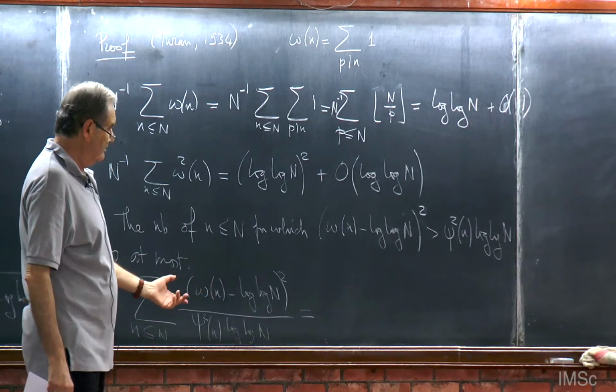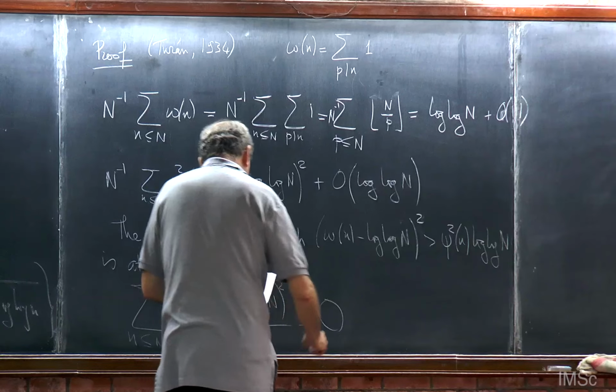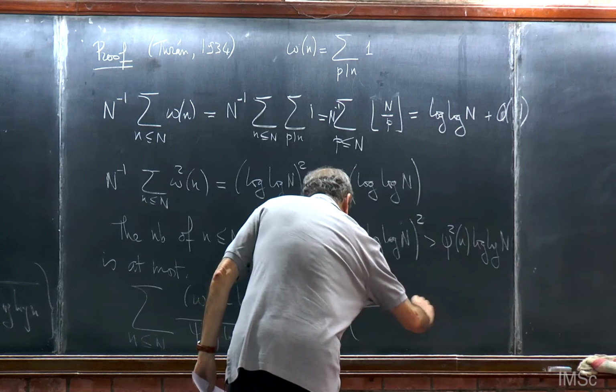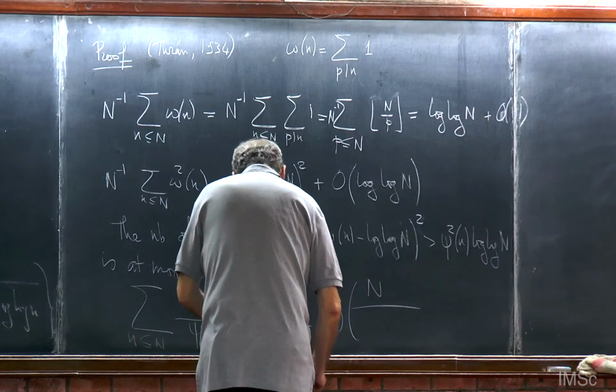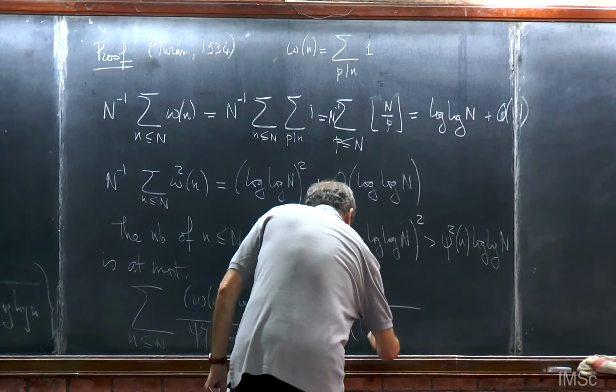So up to now, we have something which is omega minus log n squared. And then you are going to put, again, this log n squared again. And so you will get something which will be at most 1. And so it is n divided by psi squared of n log n. No, psi squared of n. Full stop.